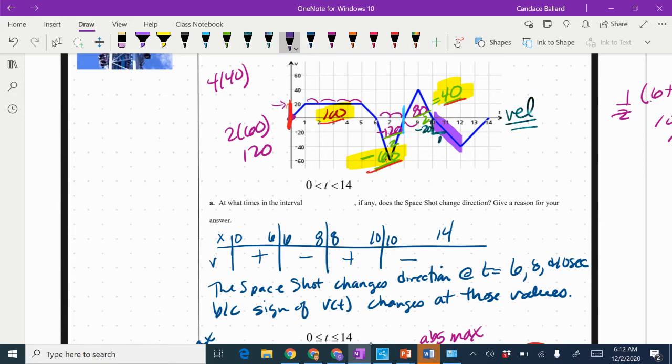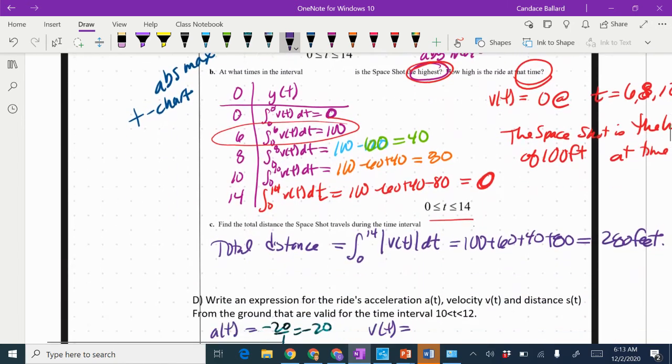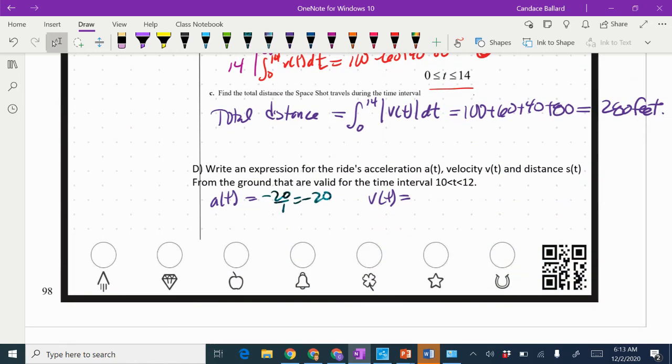I just need to figure out the y-intercept, which I don't have right now. So I'm going to use the point-slope formula since I know that this point (10, 0) is on the line. We'll see if we can get the equation from that and the slope that we calculated for the acceleration. I'm not going to write that quite yet.